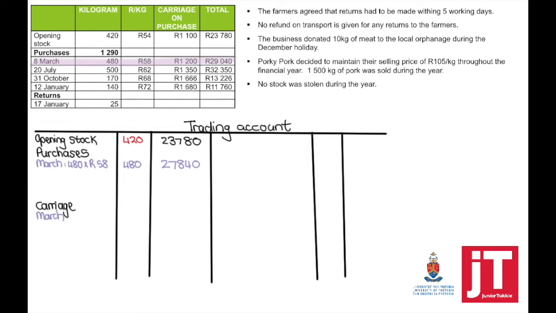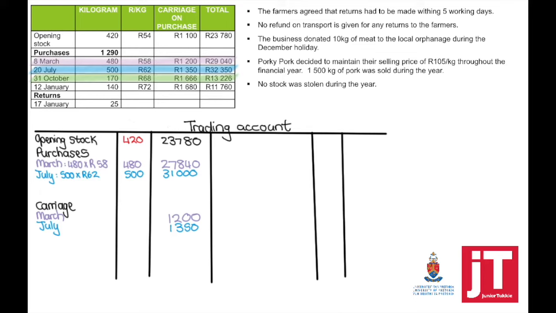But now there was carriage as well. So this means the carriage for March, they provided the total amount to you, 1,200. For July, the total number of kilograms is 500. Cost per kilogram, 62. So 500 times 62 equals the purchase, and the total carriage was equal to 1,350.